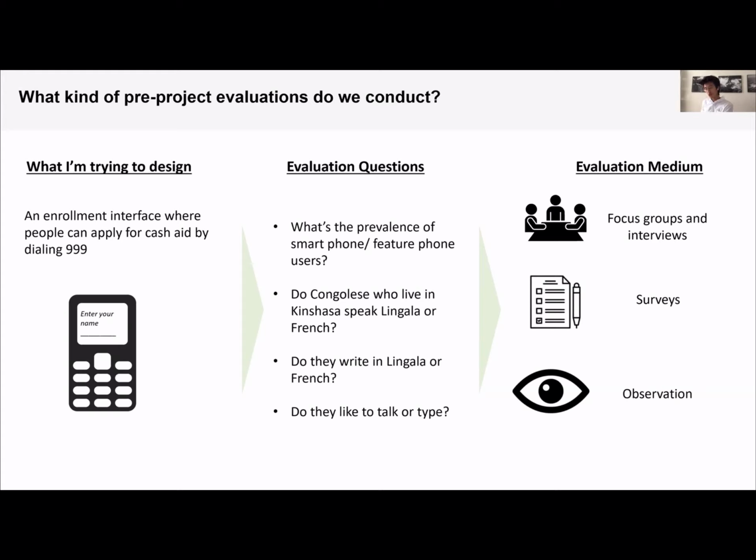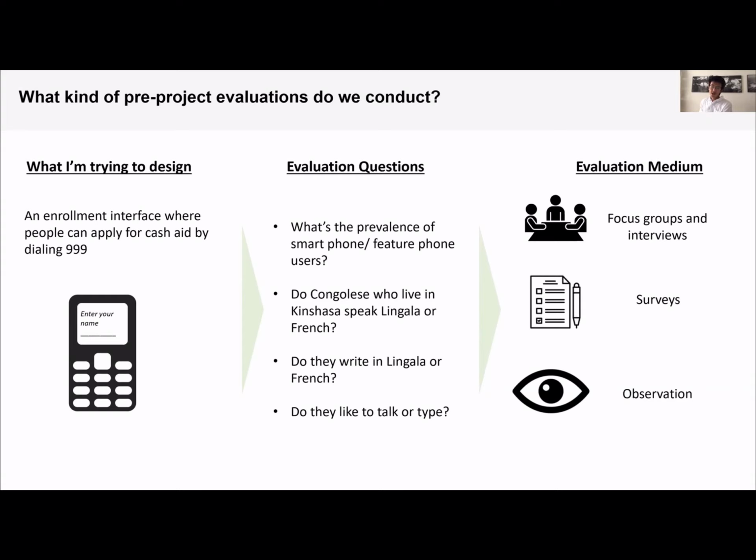We were trying to design a program whereby if you dialed 999, you could apply for cash aid and have cash land in your phone, that you can then use to send your kids to the neighboring village, evacuate your home, etc.